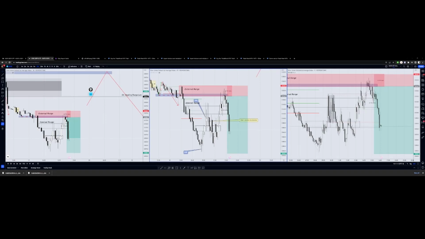Okay, it's now 9 o'clock in the evening in the UK. It's 4 o'clock in New York time in the afternoon, so the market's pretty much finishing off now for the day. We're moving into the Asian range shortly.